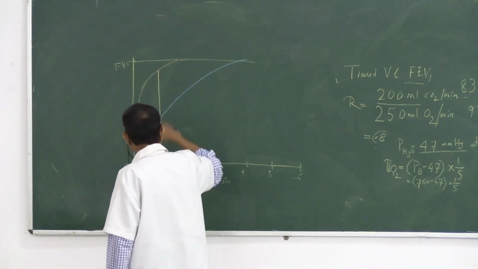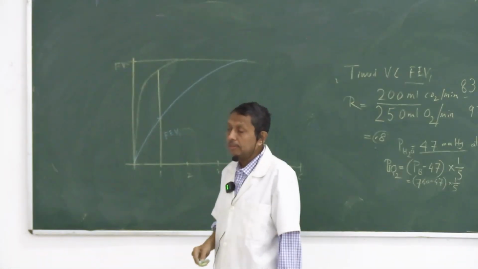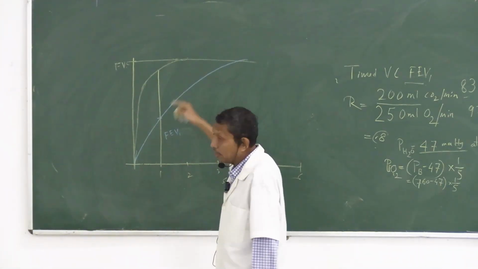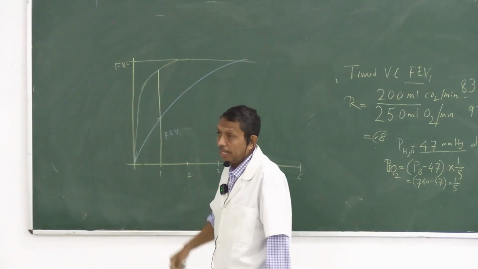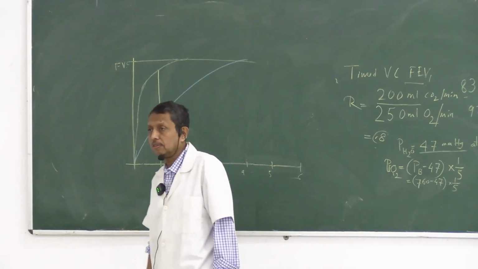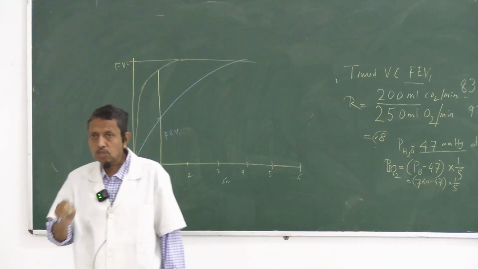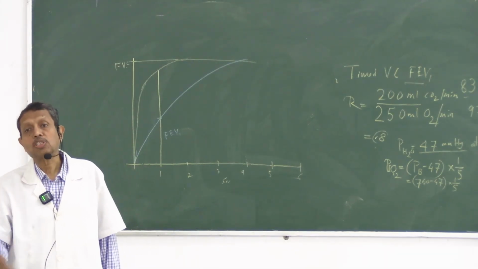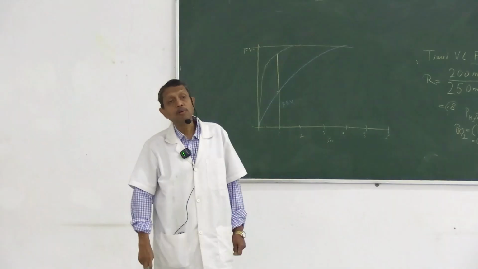And this total is normal. The ratio is lower, but the FVC remains constant and more time is required. Expiration time increases because there is some constriction of the airways. There is also diurnal variation.